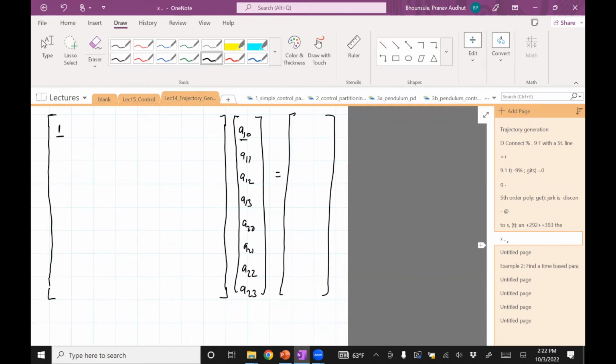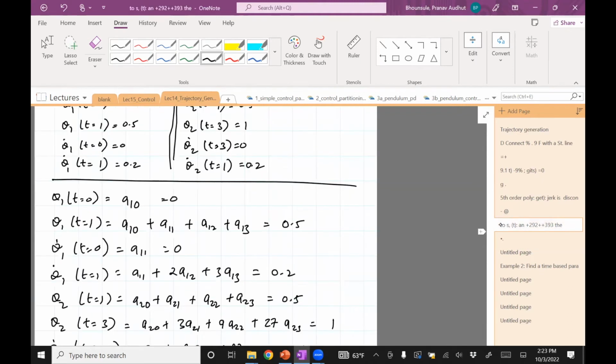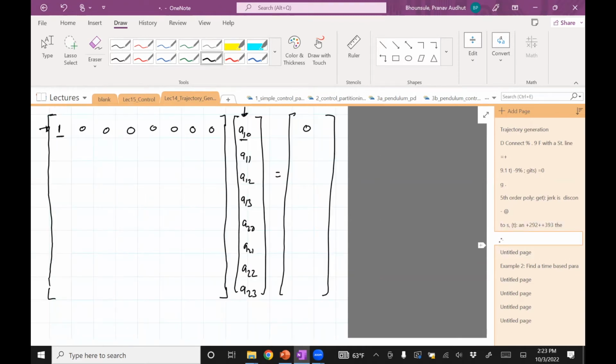Since all the other elements are 0, it will just be zeros for the remaining, because the first row gets multiplied with the unknowns, and that should be our first equation. I'll do it for another one and then just write down the answers. So we have A10, A11, A12, A13, all with a coefficient of 1, and the right hand side is 0.5.